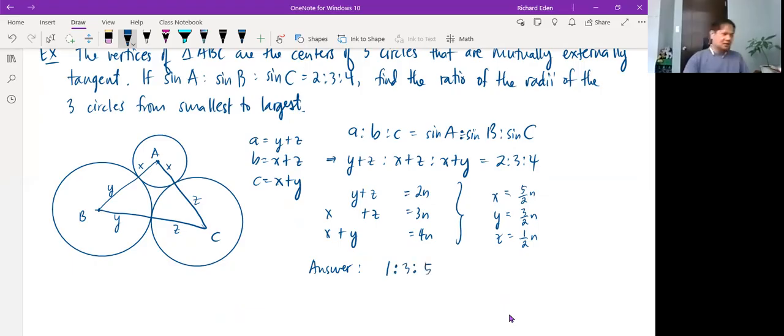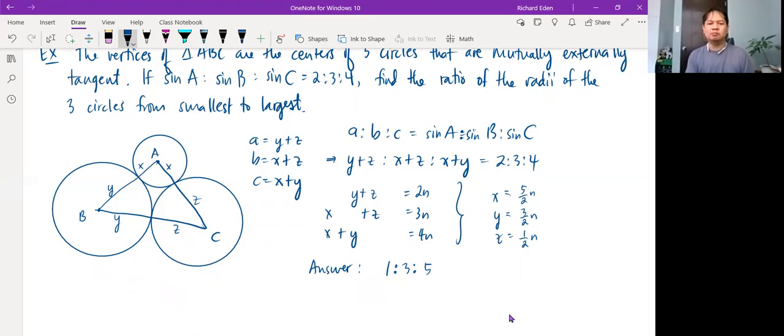If you were to replace the ratio of the sides of ABC with, let's say, PQR, can you still find the ratio of the radii of the three circles in terms of P, Q and R? Yes, in fact, we're just going to replace.